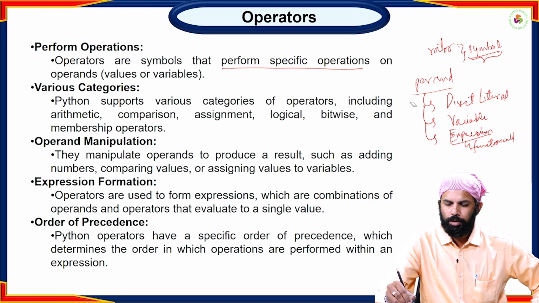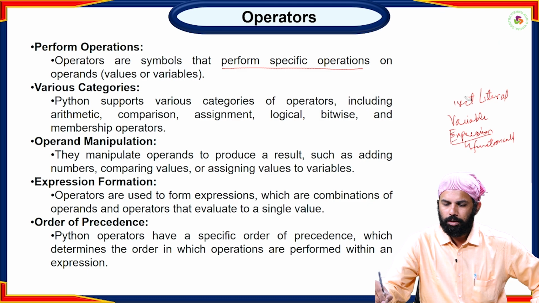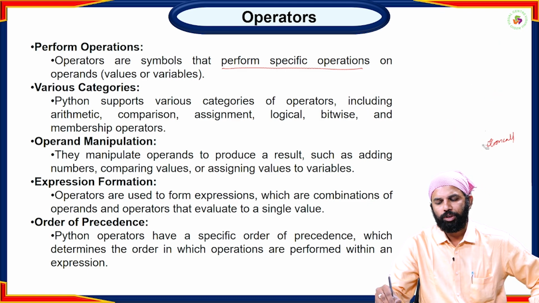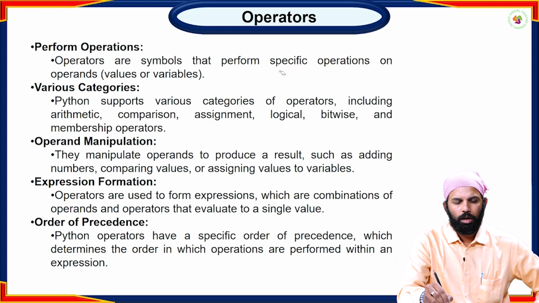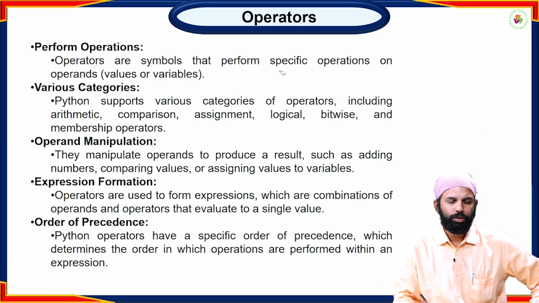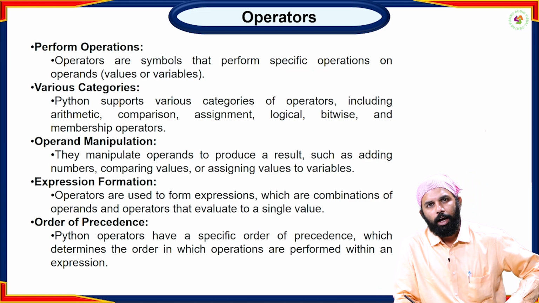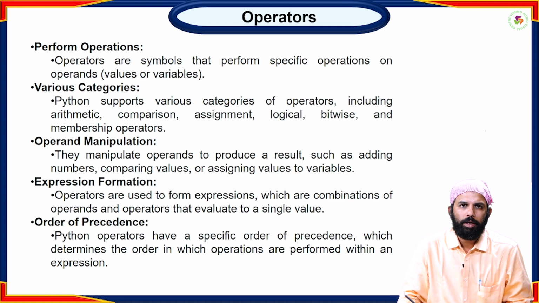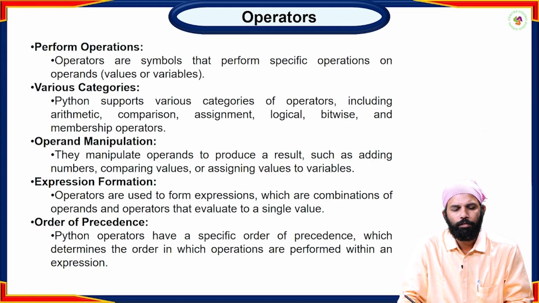So the difference between operator and operand is that the operator is used to perform a specific operation on the operands, which are values and variables. There are different categories of operators in Python, which are symbols used in the program to execute a specific kind of operation.